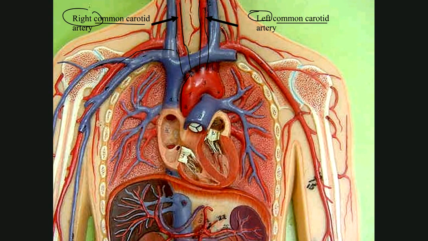So the right common comes off of the brachiocephalic. The left one comes off the aortic arch. So, brachiocephalic, right common carotid, left common carotid.